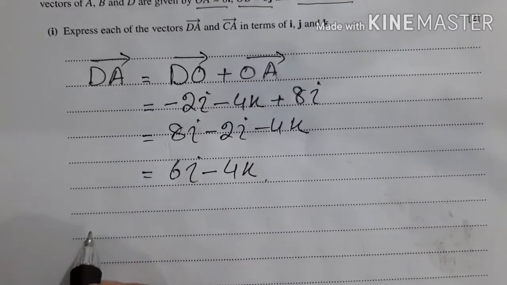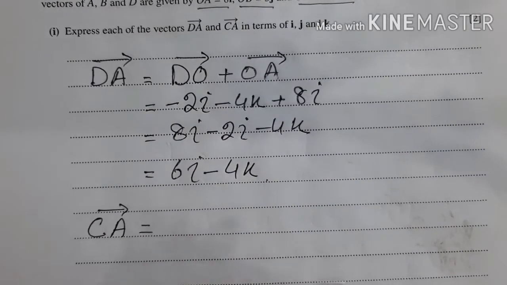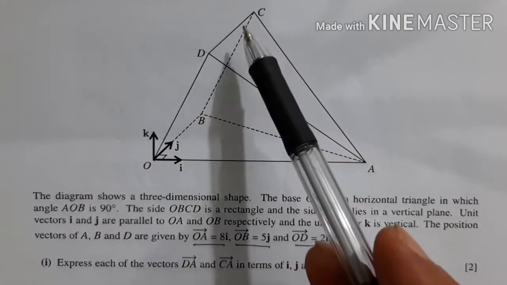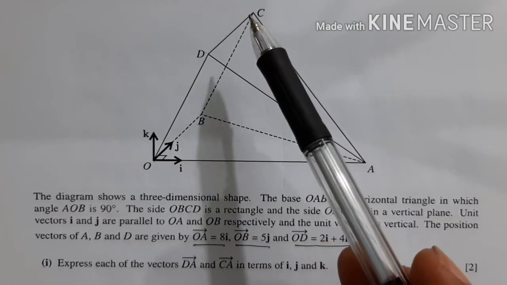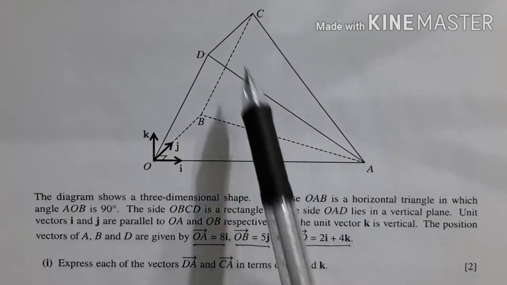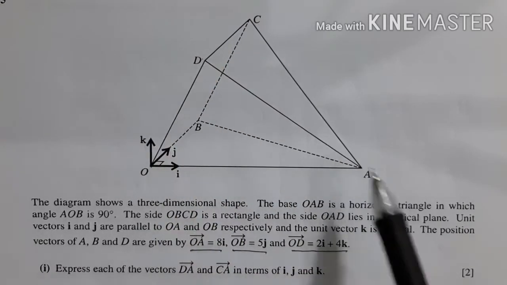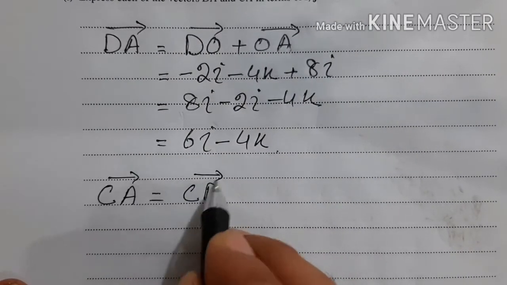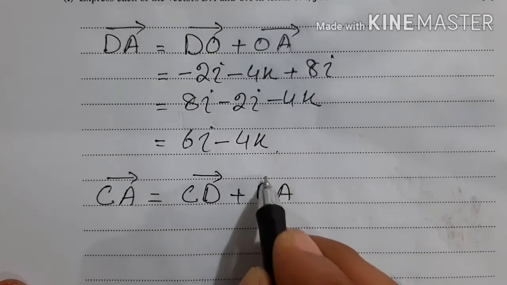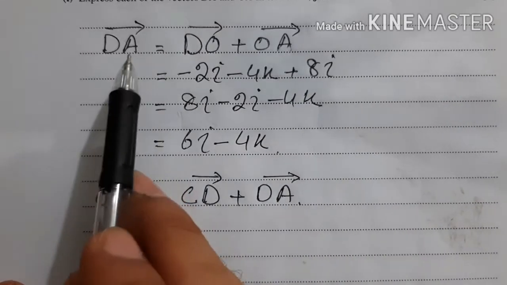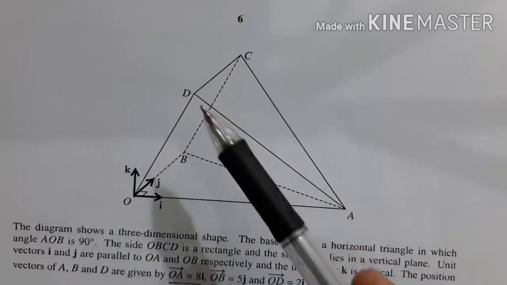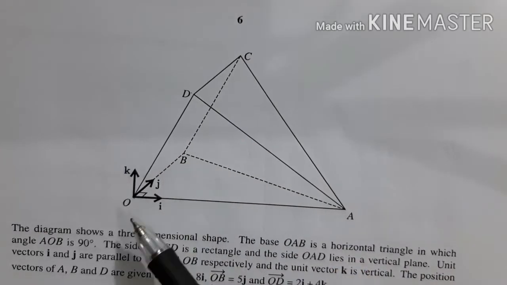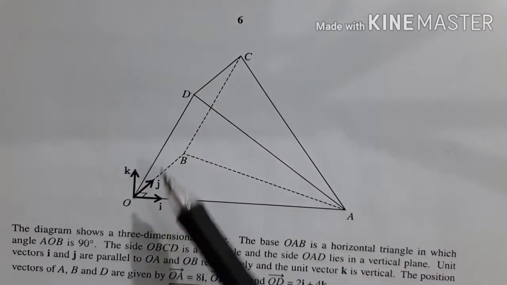Second is CA. For CA, again it will be CD plus DA. This will be our route, CD to C to D and D to A. We have the value of DA already, but what is CD? OBCD is a rectangle. It means CD is equal to BO because the opposite sides of a rectangle are the same.